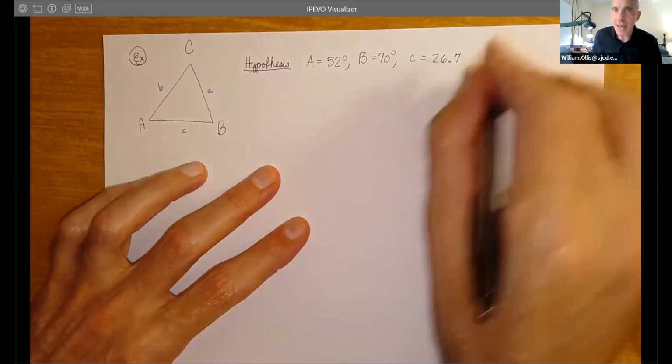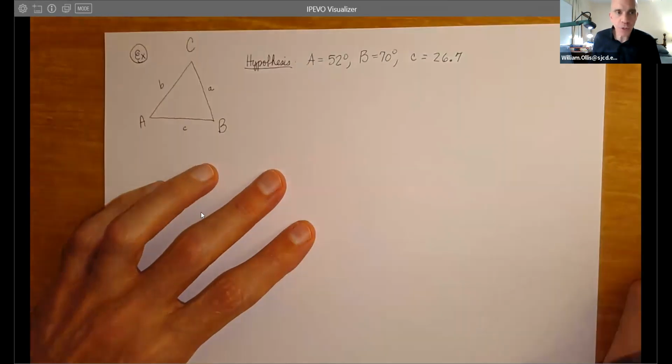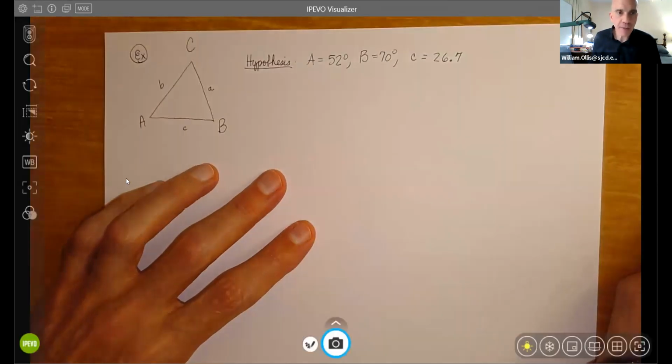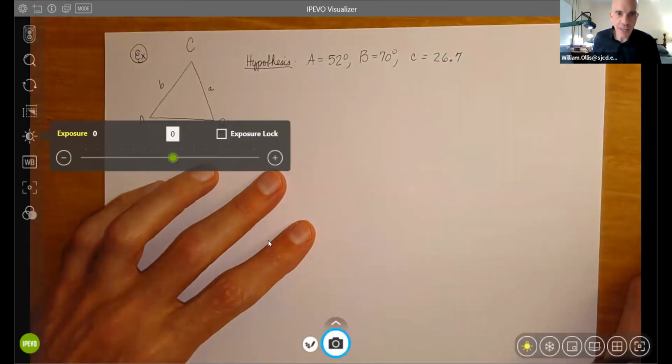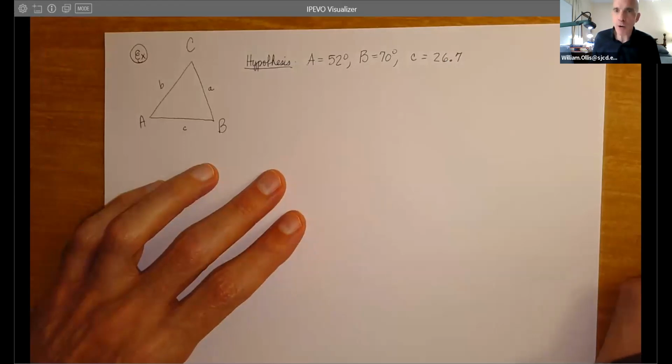So these are all exact, okay? When you see this, that number is exact. That's 26 7/10. That's an exact number. I don't care if it has a decimal in it, it's exact.